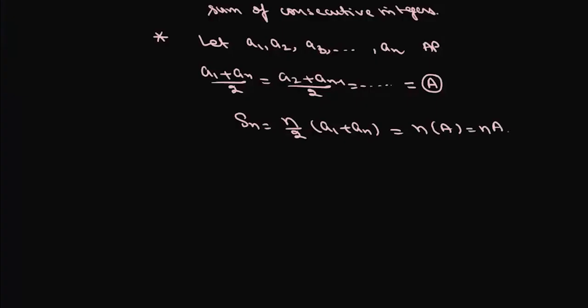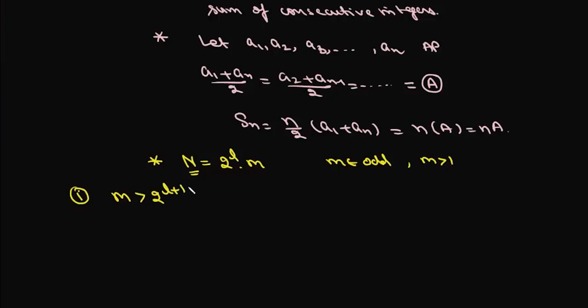Now we'll come back to our question. We need to prove that any number of the form 2 to the power L into M, where M is odd and M is greater than 1, it is possible to have consecutive integers such that their sum is equal to n. Now here we'll consider two cases. Case 1, when M is greater than 2 to the power of L plus 1.